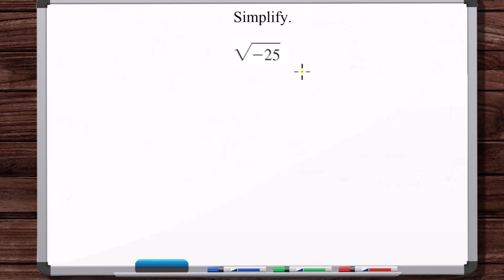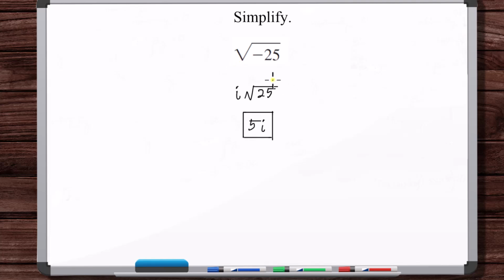To simplify this, we can take out an i and then write this as i times the principal root of 25. And now that's fully simplified. But again, note that we only learned this rule for square roots. We haven't talked about even roots other than 2 yet.